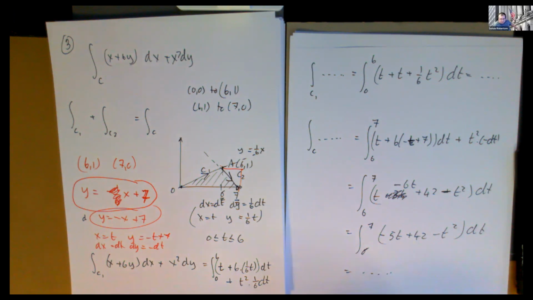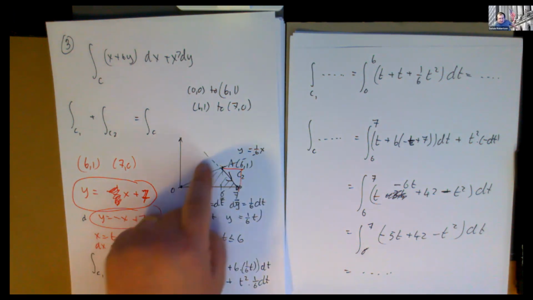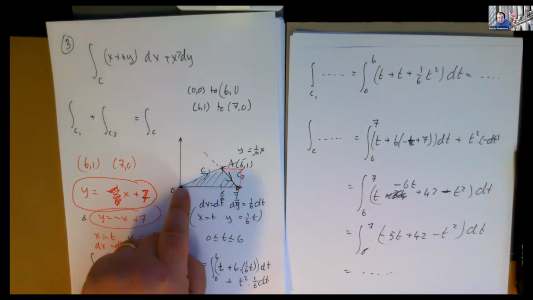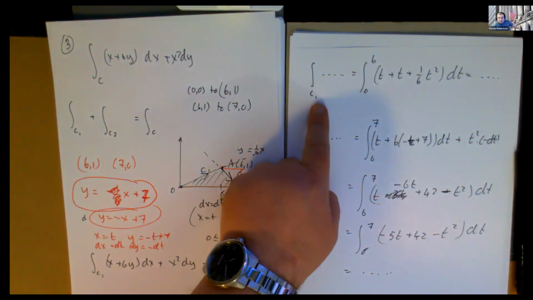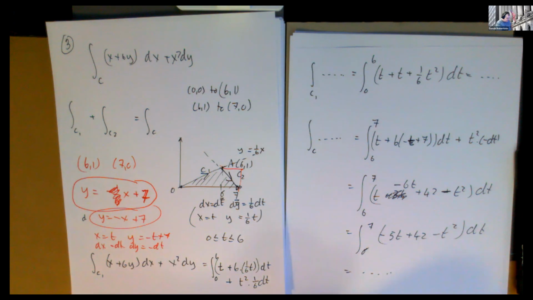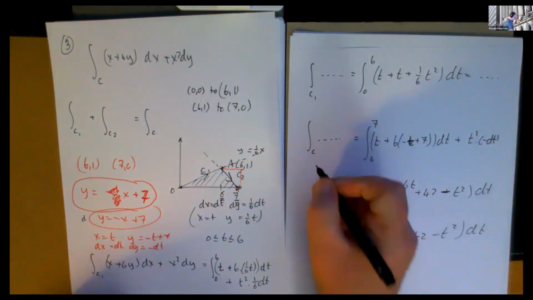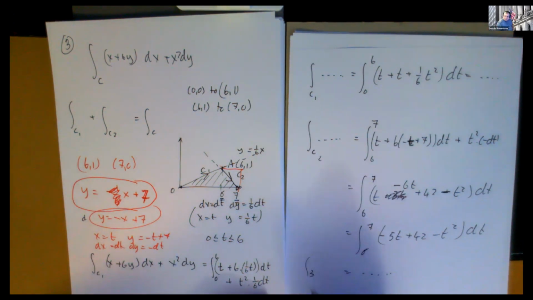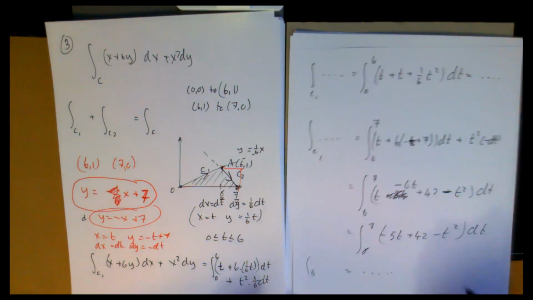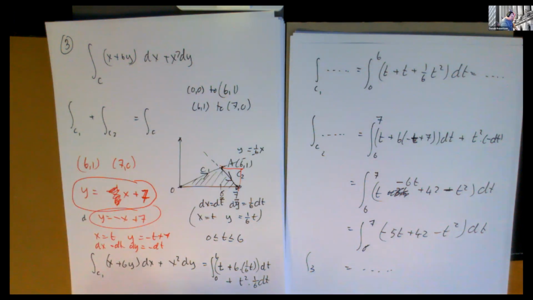If this question had been closed back up, this question would be even harder to do, because wouldn't we also have to find a third curve, C3, to come back home with? Then I would have had a closed loop. If I had a closed loop, God forbid, this would be D, right?